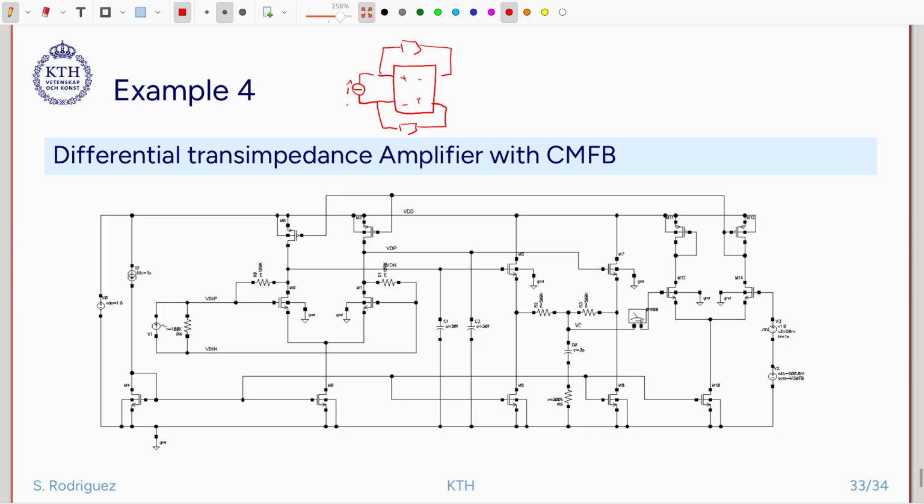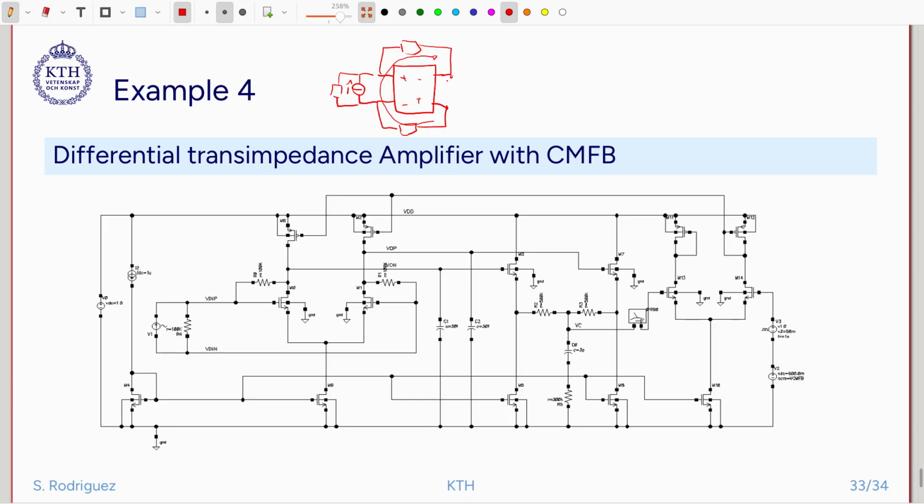Okay, so we have our source here, and then we will have the feedback transistor. It works very similar to the single-ended one, but in this case we have a differential current flowing in this direction. Now the common mode is not fixed in this implementation.